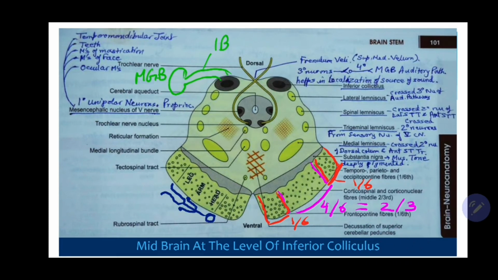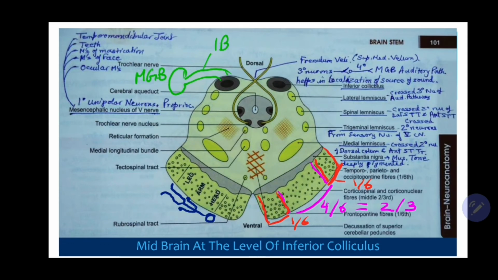So this is actually the fibers of cerebello-rubral fibers. They are decussating and reaching above to the upper segment, to the red nucleus, which is present at the level of superior colliculus. So actually these fibers are part of the superior cerebellar peduncle. So you find in the midline there is a decussation of the superior cerebellar peduncle.